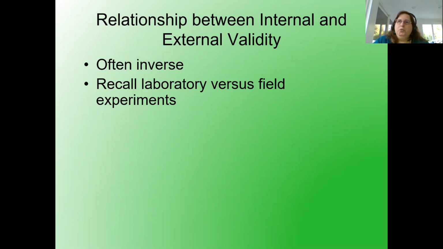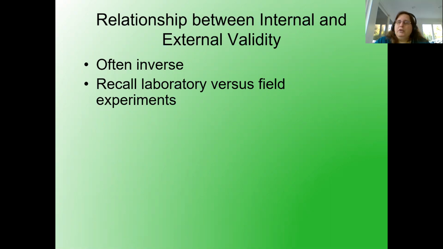Typically, as one goes up, the other tends to go down a little bit, because the more natural that you make a study and the more that you get that external validity due to random selection, sometimes you're sacrificing some of the tight controls that you need for internal validity.